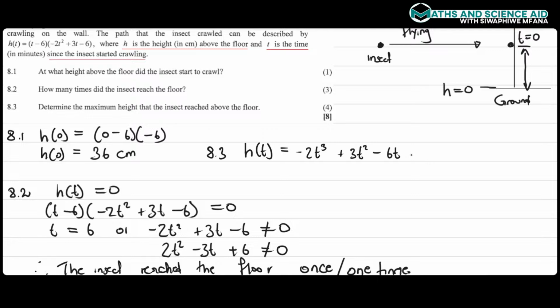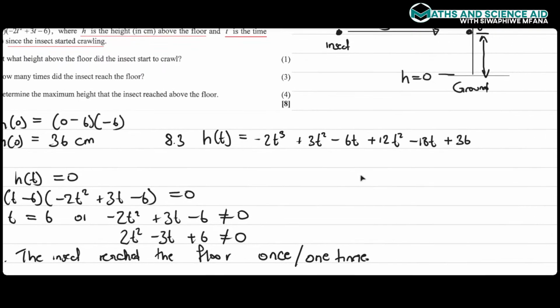Negative 6 times negative 2t squared is positive 12t squared, right? And then negative 6 times 3t is negative 18t. And then negative 6 times negative 6 is plus 36. All right, so this is our equation.